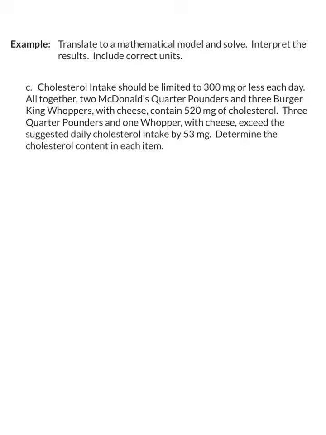This problem is relatively easy to set up because we do have one sentence for each equation. So again, the first thing I want is I'm going to let x be, actually let's go with m. Let's let m be the amount of cholesterol in a quarter pounder.